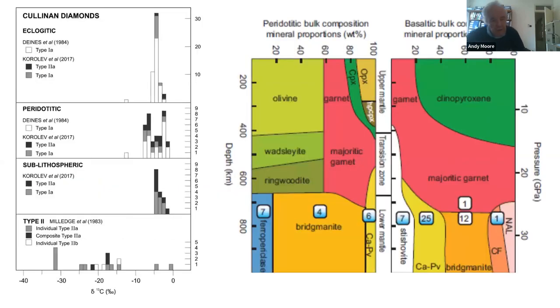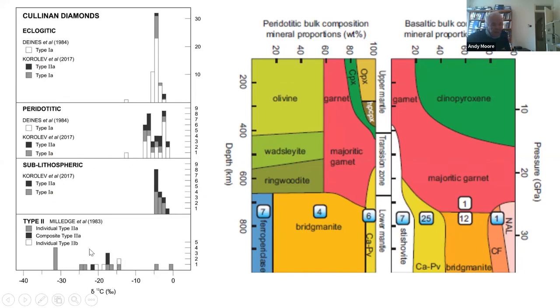This problem is illustrated at Cullinan, where you've sampled sublithospheric, peridotitic, and eclogitic diamonds, so a wide section of the mantle. These diamonds at the bottom are the clippers from Cullinan. It's an important clipper producer.